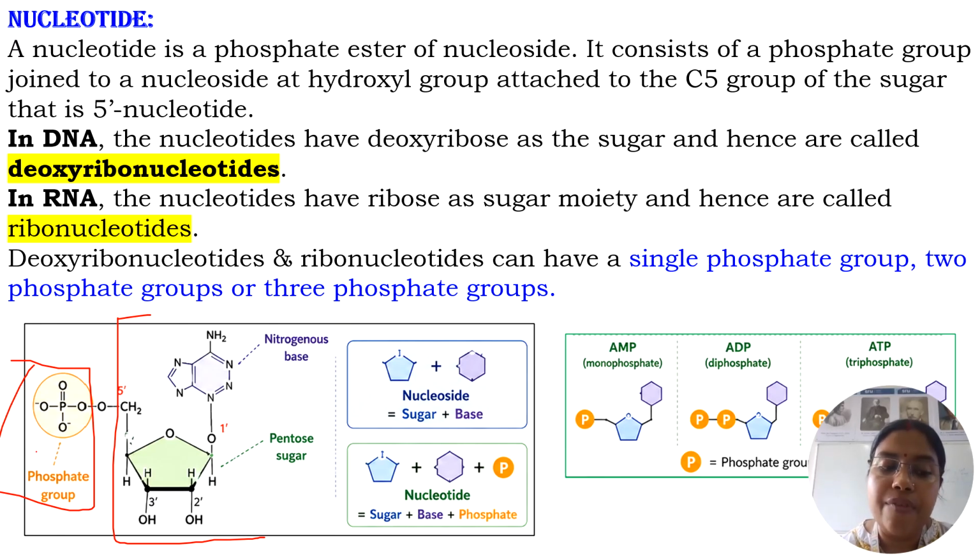If only 1 phosphate group is present, it is monophosphate. If 2 groups are present, it is diphosphate. And if 3 phosphate groups are present, it is triphosphate. The phosphate group is attached at the 5' position, meaning the C5 of the sugar. That's why in most cases the nucleotide is by default the 5' nucleotide.